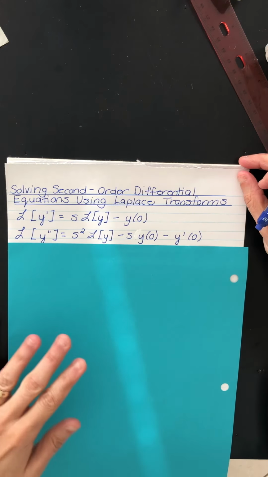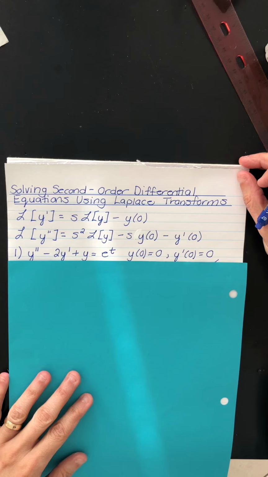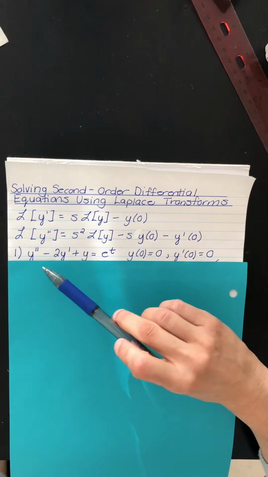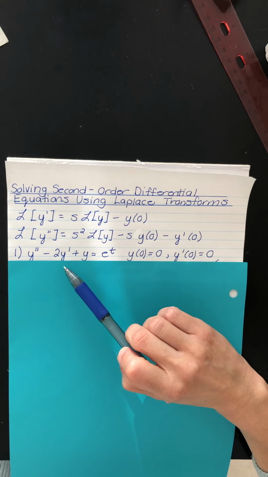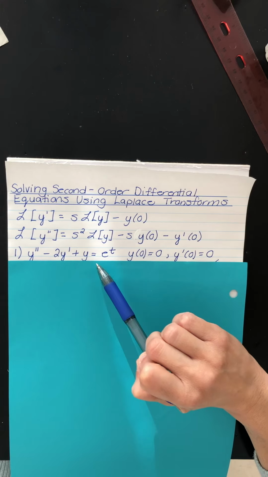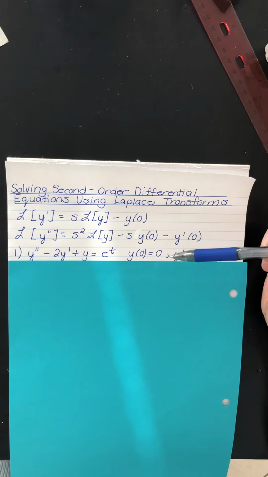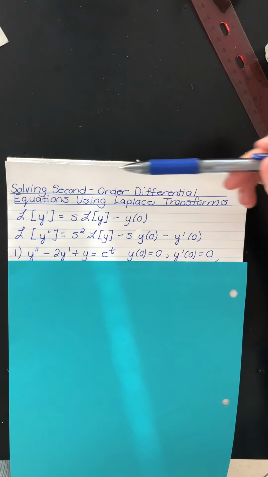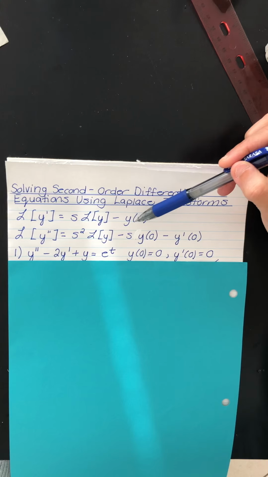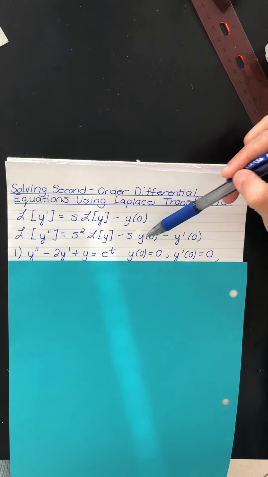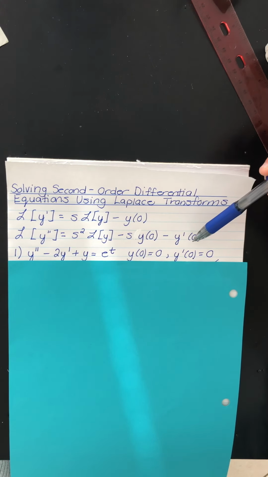Okay, so here's a first example. We have y double prime minus 2y prime plus y is e to the t. The initial values are both 0. So if these values are 0, you can imagine substituting 0 here, here, and here in the formula.